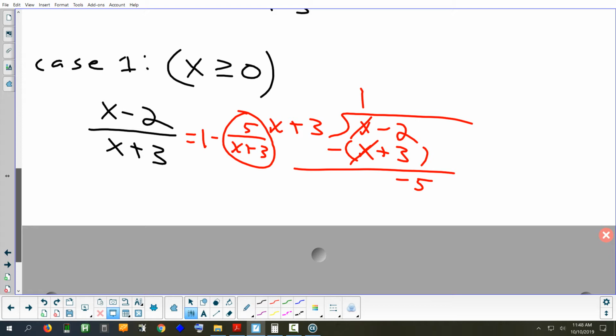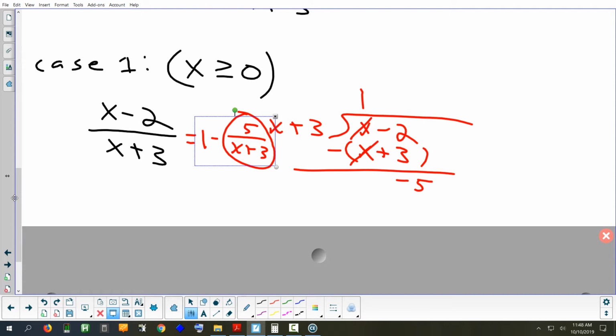I need a number. It gets close to, I think, 0. Well, let's plug in 1,000,000. What's 1,000,000 plus 3? 1,000,003. And what's 5 divided by 1,000,003, basically? Pretty close to 0, right? So this fraction that I circled is approaching 0.